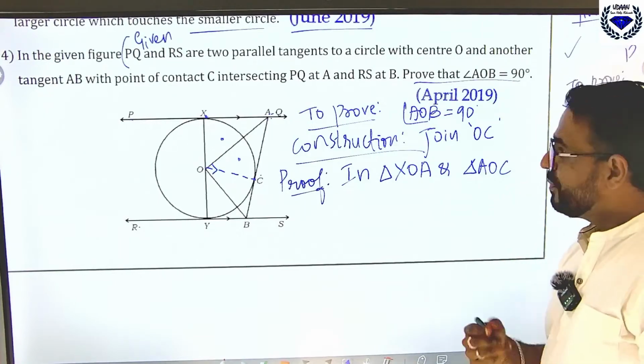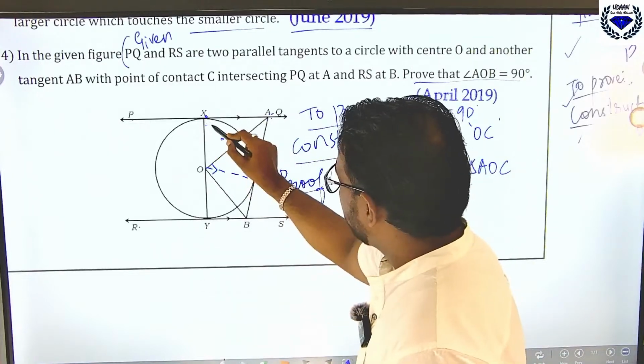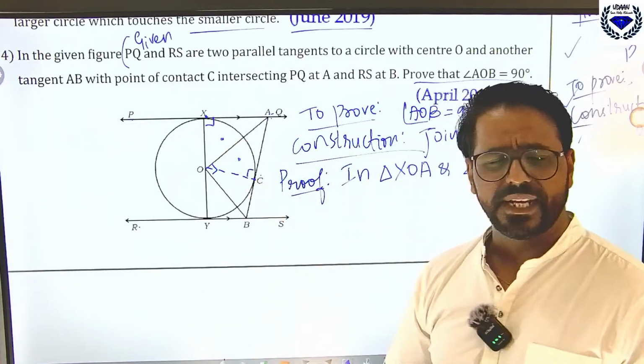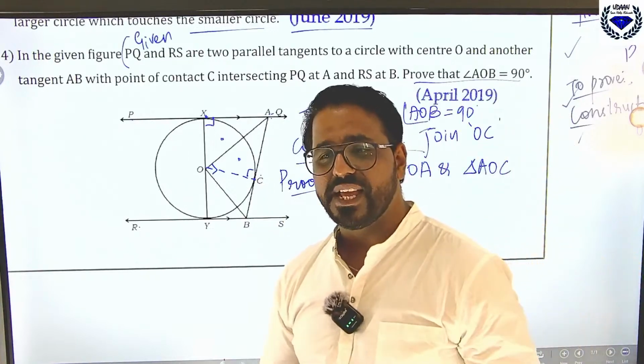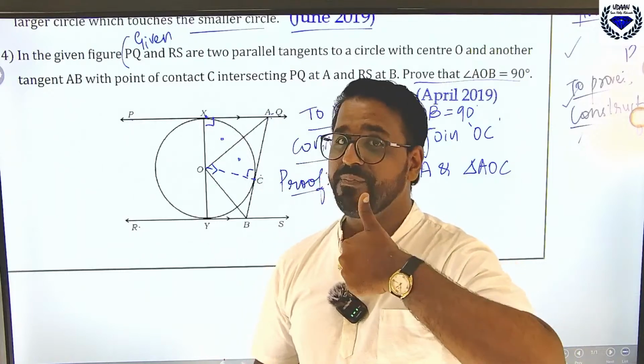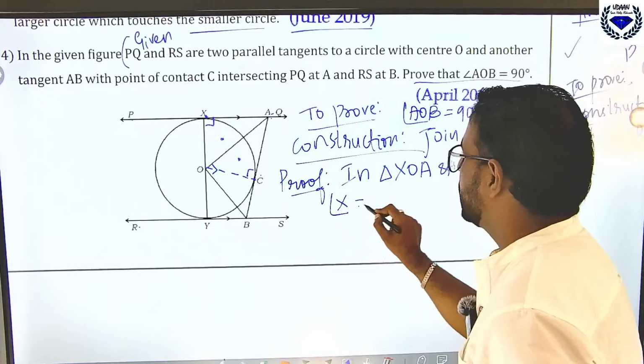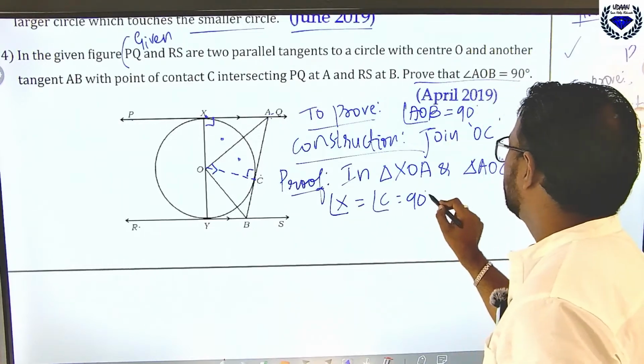Here angle X and angle C are 90 degrees. Can you tell me why? Because radius and tangent are perpendicular, Theorem 10.1. So angle X is equal to angle C is equal to 90 degrees.